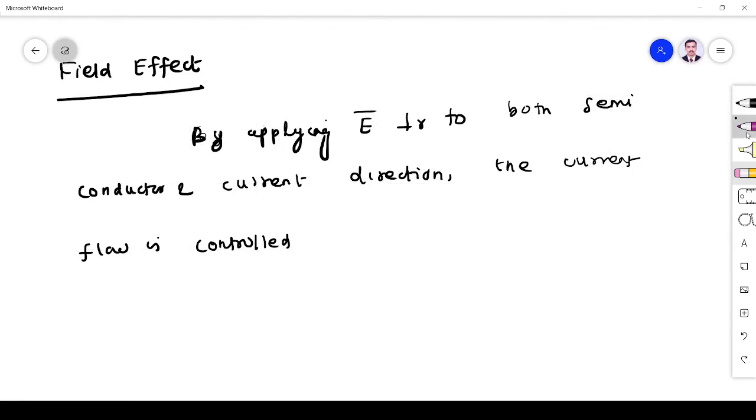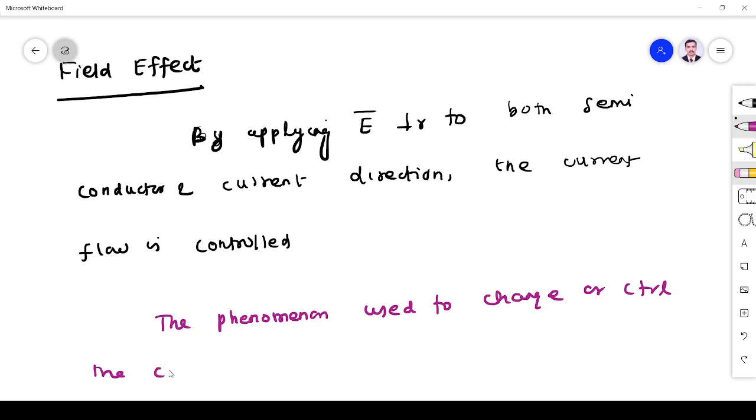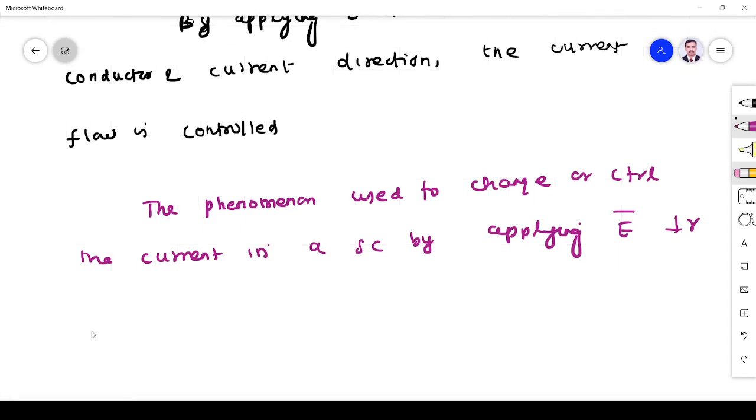So we will understand what field effect is. It is the phenomenon used to change or control the current in a semiconductor by applying an electric field perpendicular to the surface.